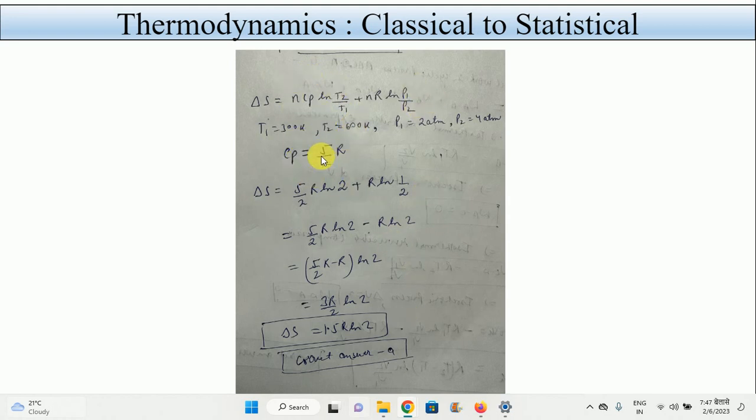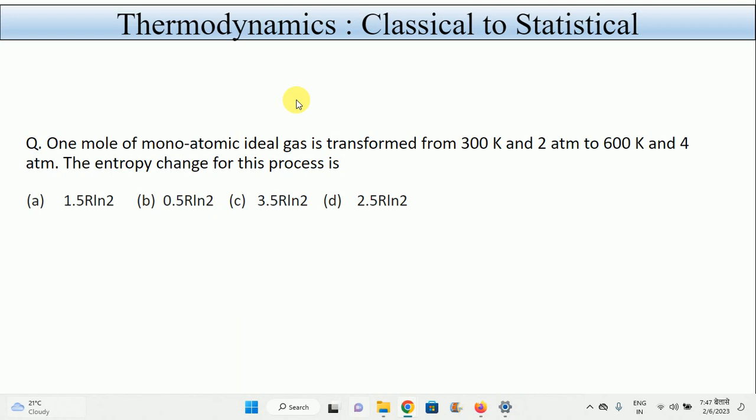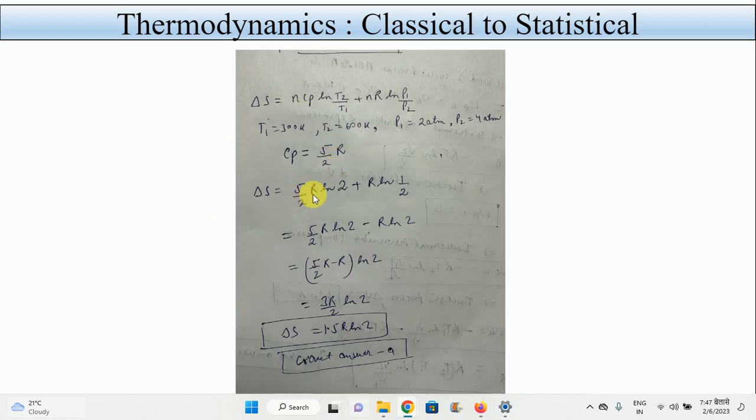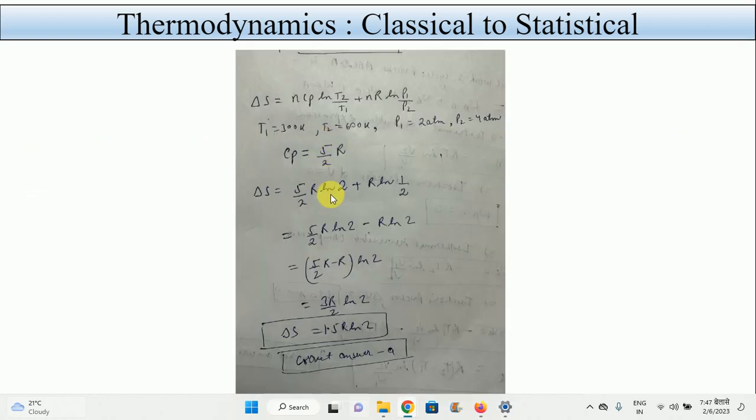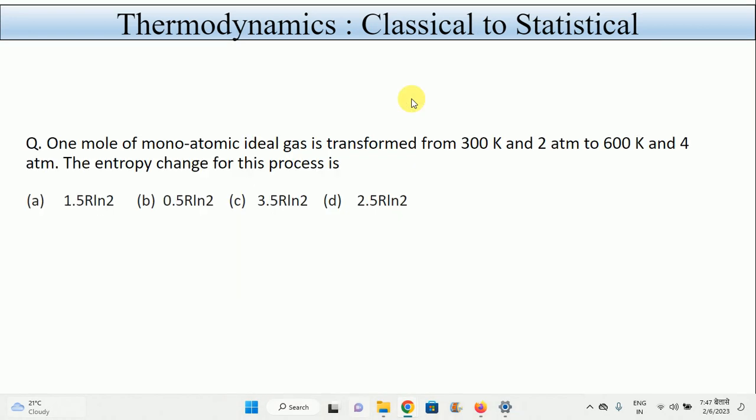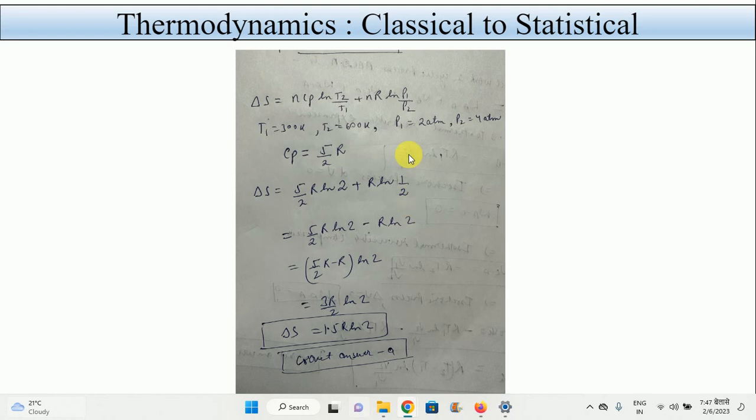So Cp is 5 by 2 R. N is 1, so 5 by 2 R ln T2 by T1, where T2 is 600 and T1 is 300, so it is 2. So 5 by 2 R ln 2 plus N is again 1, R ln P1 by P2. P1 is 2 and P2 is 4, so 2 by 4, that is 1 by 2.